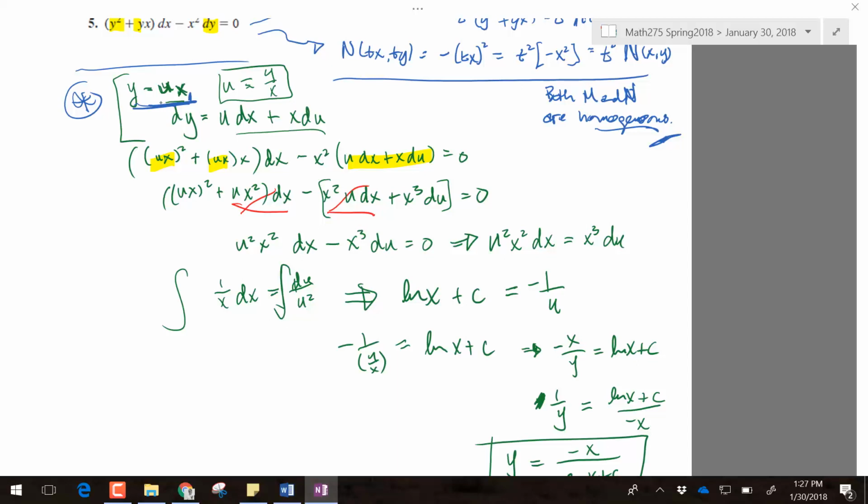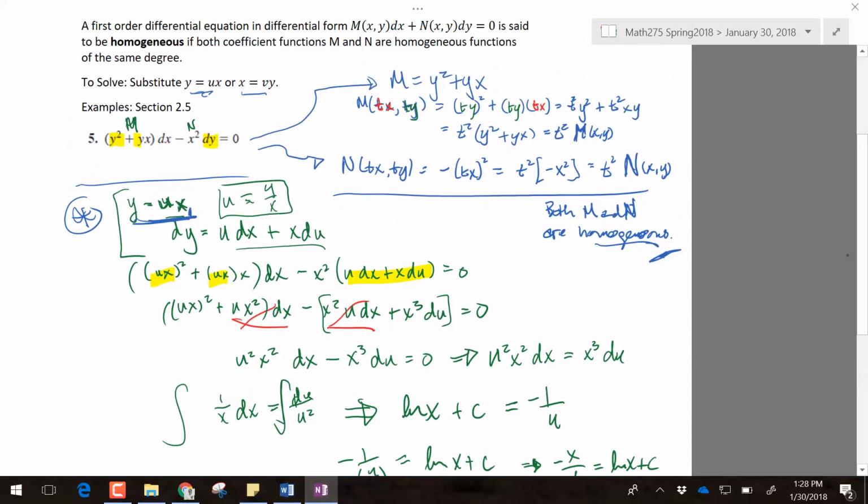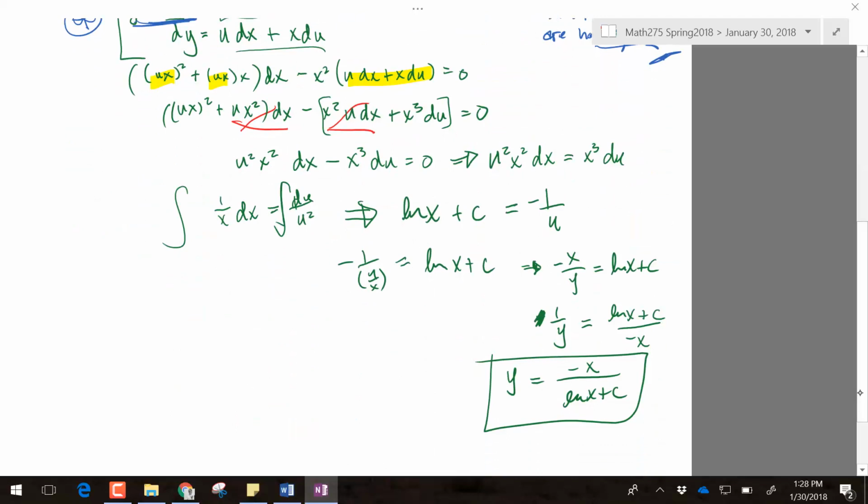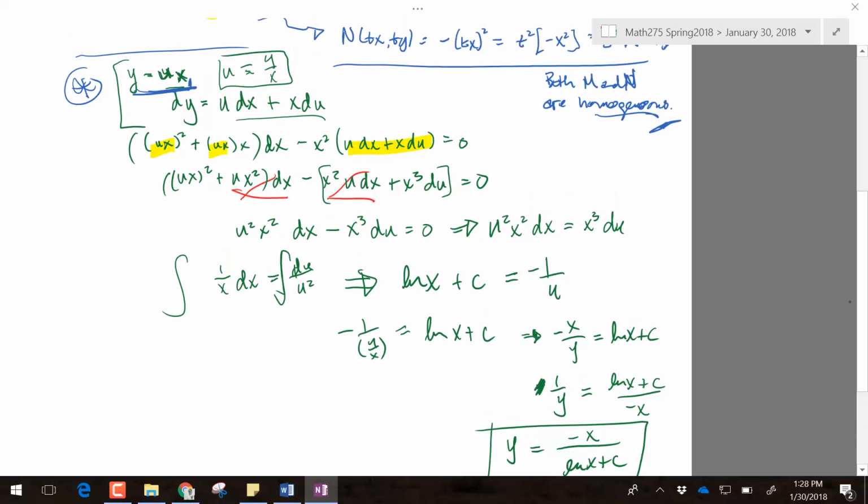T is not related to this at all. T was our tool to check whether something's homogeneous. After we figure that out, we ignore T. It's not part of the problem anymore. What you're saying is that because the function's homogeneous, you can use this technique.